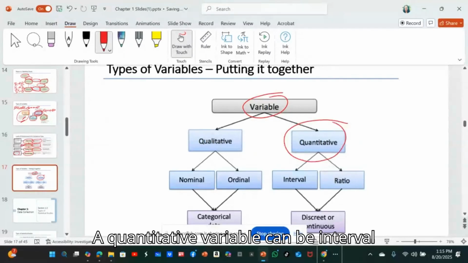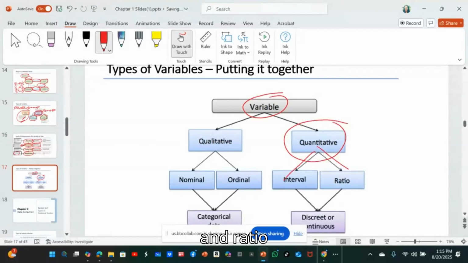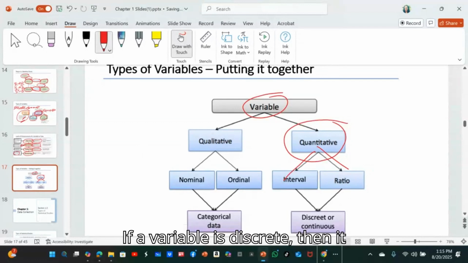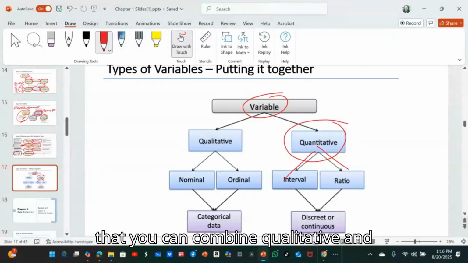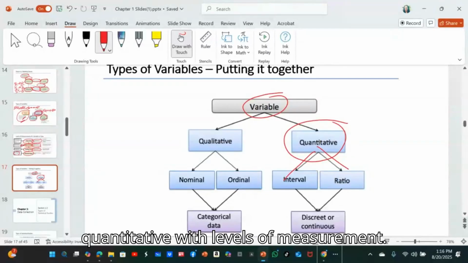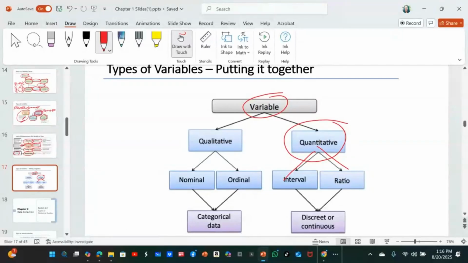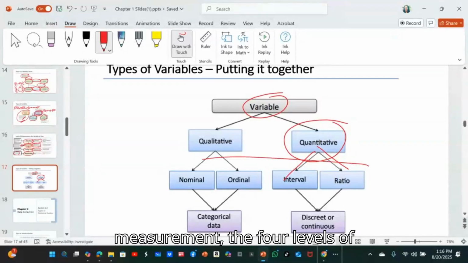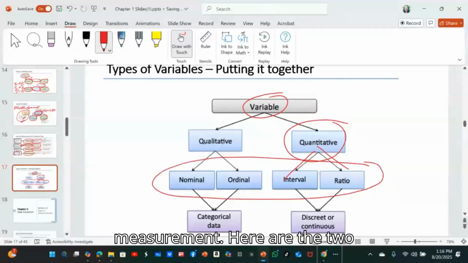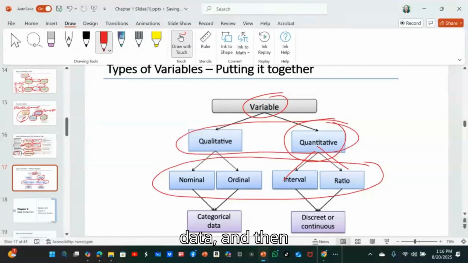A quantitative variable can be interval and ratio, and it can be discrete or continuous. So you can combine qualitative and quantitative with levels of measurement. Here are the 4 levels of measurement, and here are the 2 kinds of data.